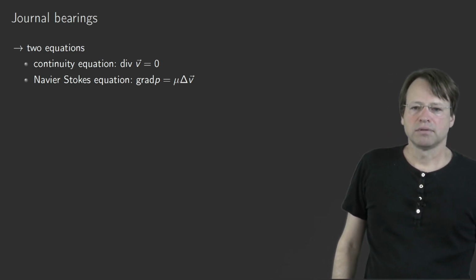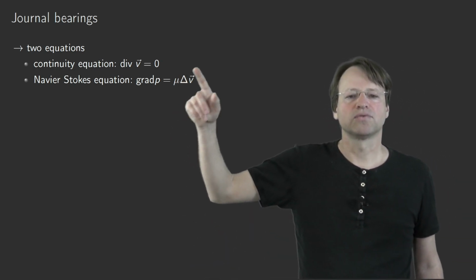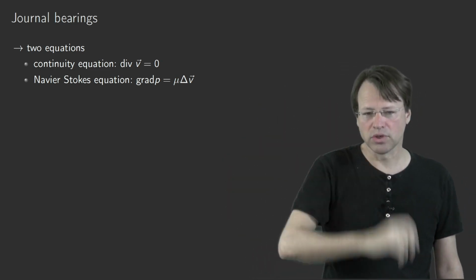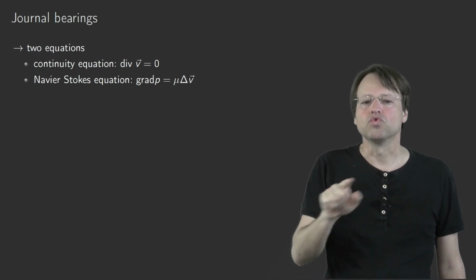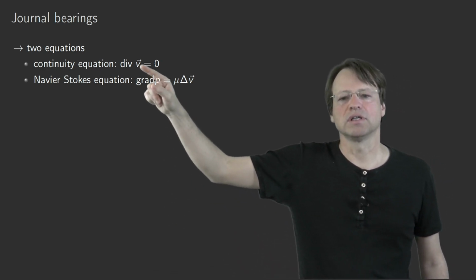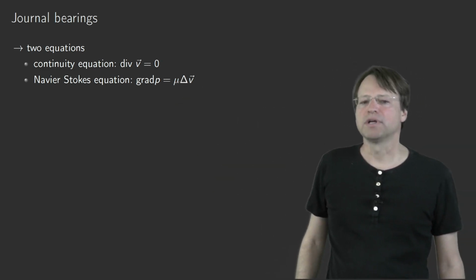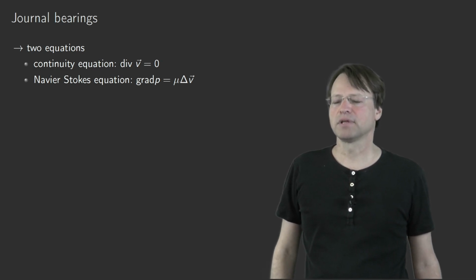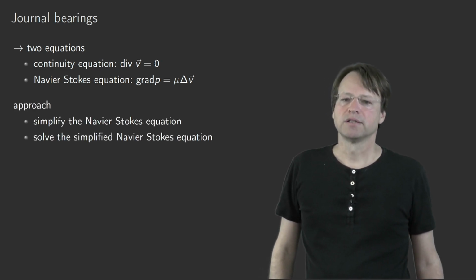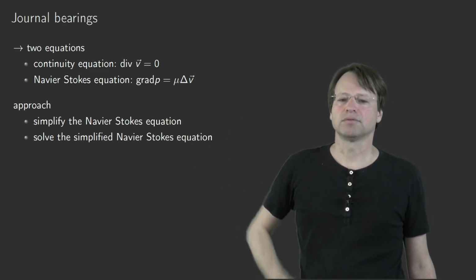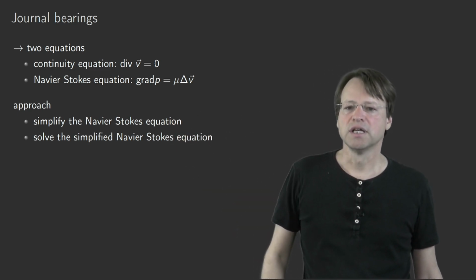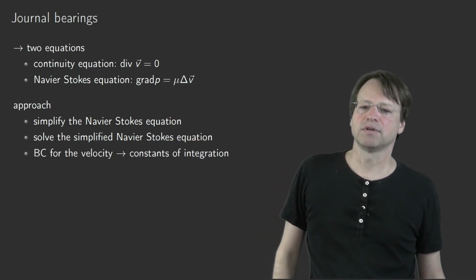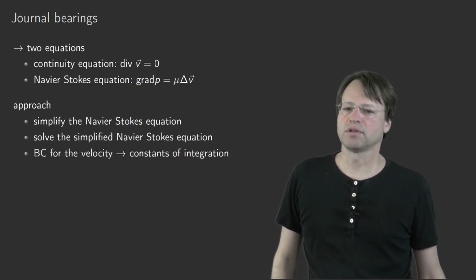Now in the next step, we have to write down these equations and transform them to our coordinate system. And as we are dealing with cylindrical bearings only, it makes sense to derive these equations, so these differential operators, for cylindrical coordinates, and to express everything in cylindrical coordinates. So the approach is then to express everything in cylindrical coordinates, simplify the Navier-Stokes equations there, solve the simplified Navier-Stokes equation, apply the boundary conditions for the velocity.